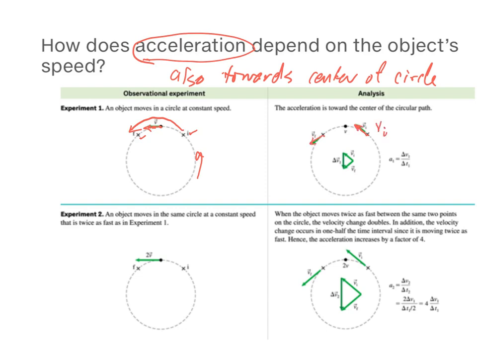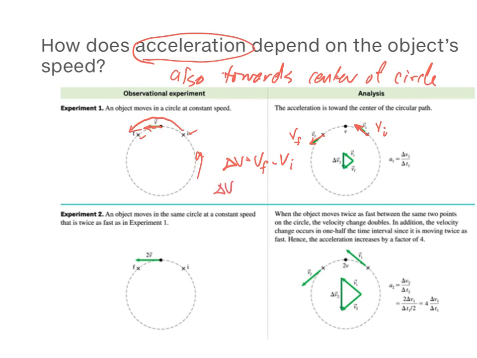So this will be VI. It'll be VF. The vectors are the same length because it's moving at the same speed, but they point in different directions. They're always tangent to the path of the object as it goes around a circle. So just pretend this is a ball that's being rolled in a circle around maybe a track or something like that that's causing it to go in a circle. Well, remember that the change in velocity, the delta V, is final minus initial.